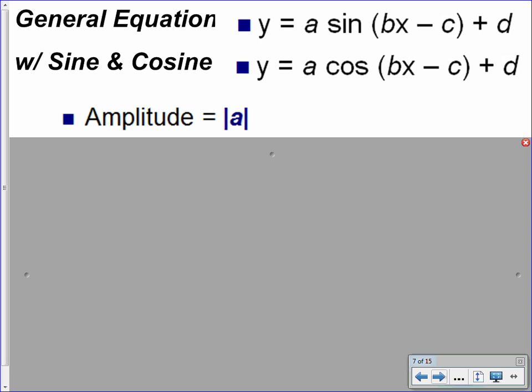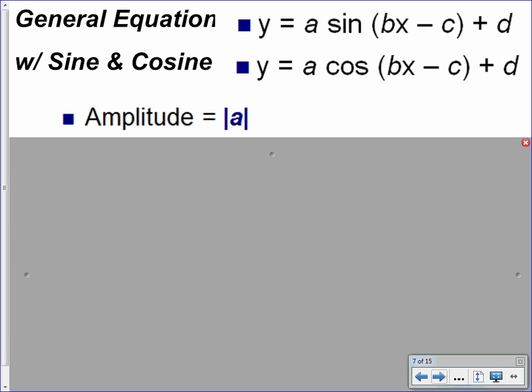Whatever A is, that's our amplitude. Now I have absolute value because amplitude has to be positive, and it's possible that A could be negative. What would that mean if A is negative? Not quite, but you're on the right train of thought.